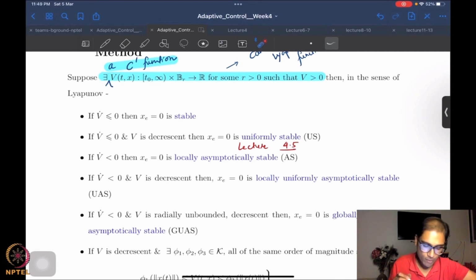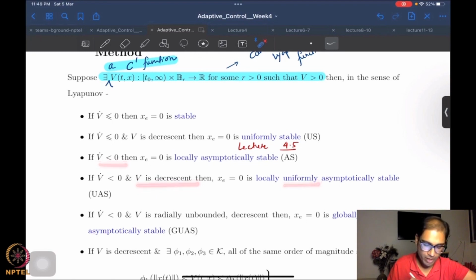In this case, we require that V dot is negative definite. If V dot is negative definite for a candidate Lyapunov function, then the origin is locally asymptotically stable. Similarly, if I add the decrescence property to the negative definiteness, then I get uniformity.